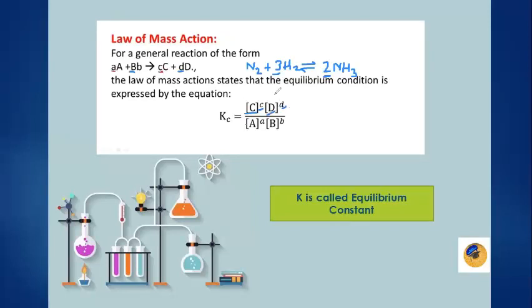So basically the product of the products C and D, each raised to its stoichiometric coefficient, divided by the product of the reactants, each raised to its stoichiometric coefficient. So let's understand how this equation is derived.